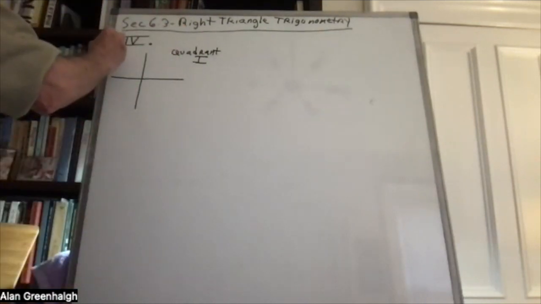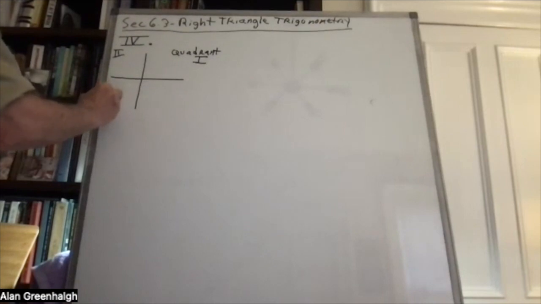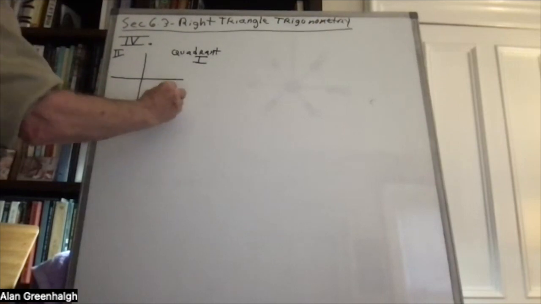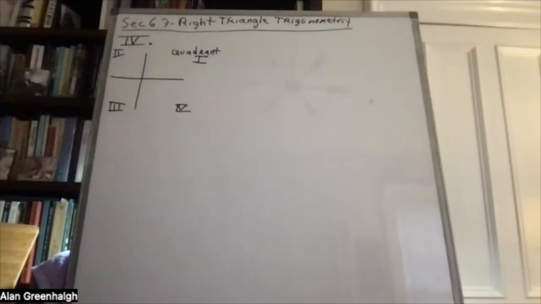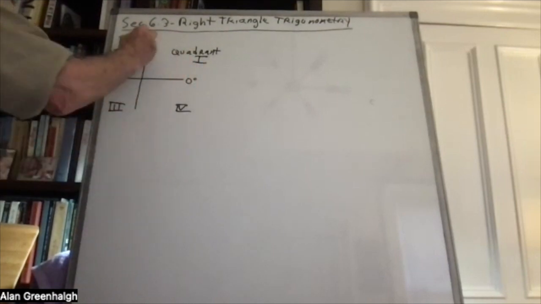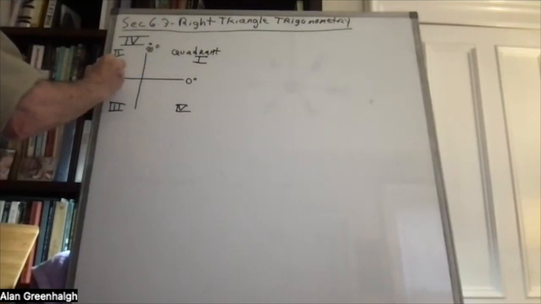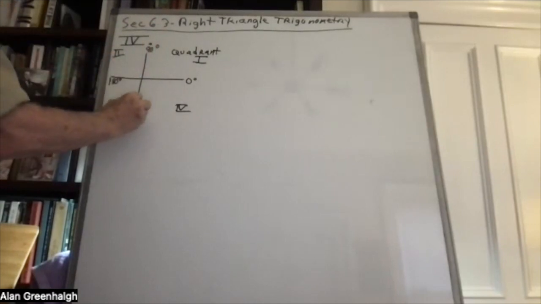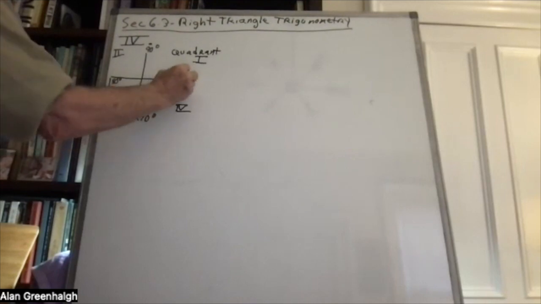Quadrant 1, quadrant 2, quadrant 3, quadrant 4. 0 degrees, 90 degrees, 180 degrees, 270 degrees, and 360 degrees.